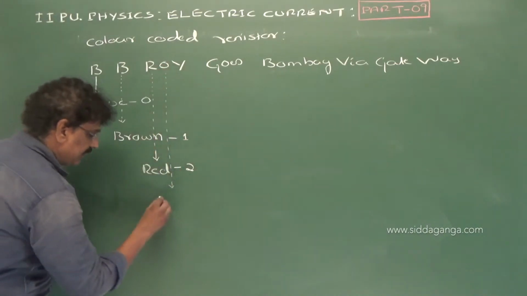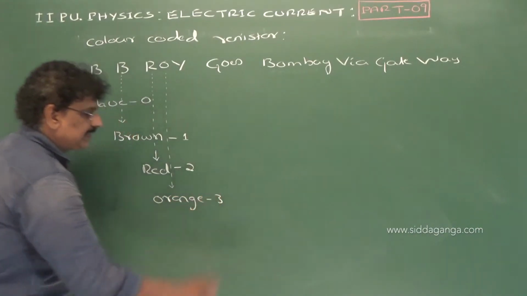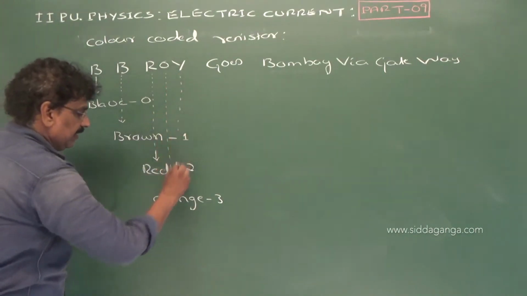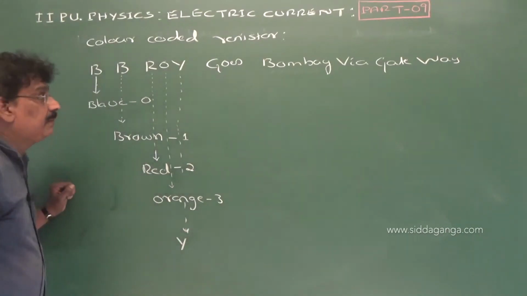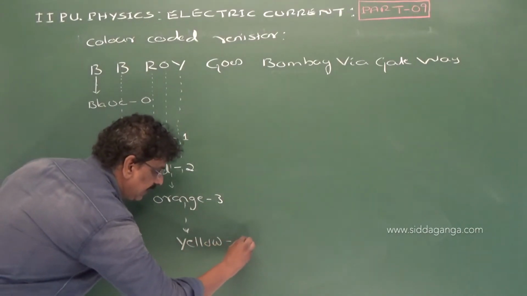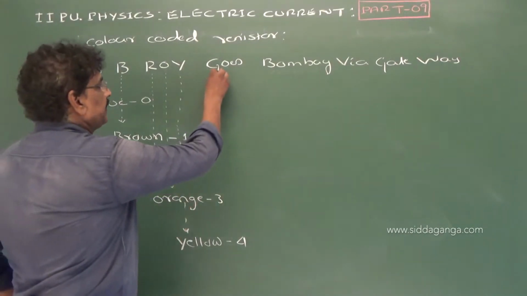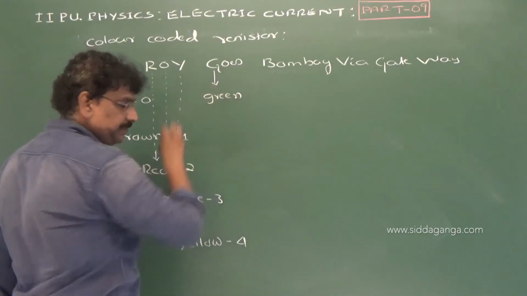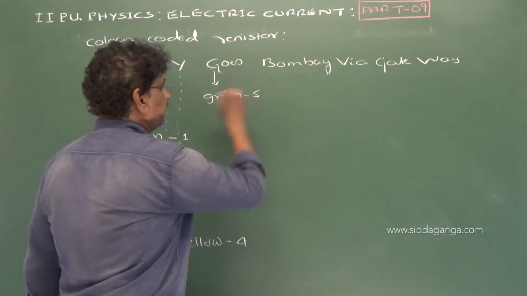This O represents orange color, that represents digit 3. Yellow, that represents the digit 4. Now here G represents green, and that in turn represents the digit 5.